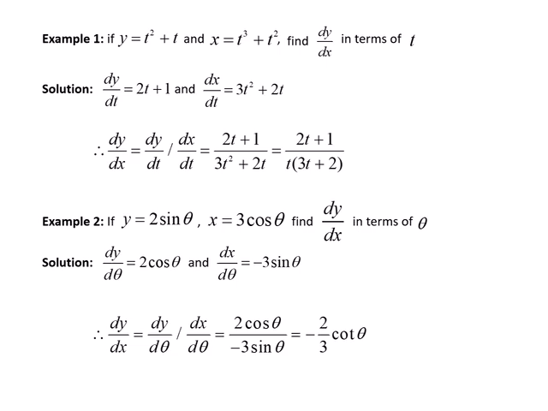If we differentiate t, it's going to give us 1, because t raised to power 1 minus 1 is t raised to power 0, and t raised to power 0 is 1. So that is the derivative there, which is 2t plus 1.